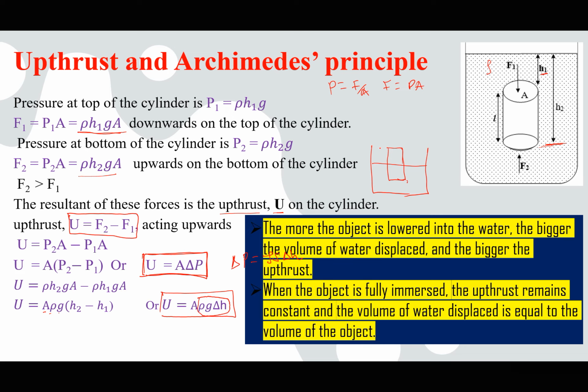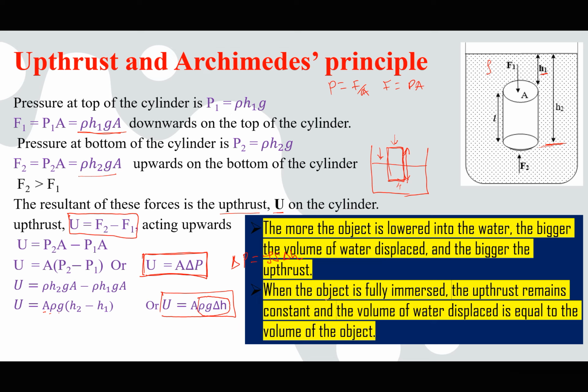Why is it that when we push it deeper, the upthrust increases? Because the depth of the object increases. That means H2 increases. So it means the pressure at the bottom increases when more of the object is submerged. So the upthrust increases. But when the object is fully submerged, the total pressure on the top of the object increases, the total pressure on the bottom of the object increases, and they increase uniformly, but the difference between the two remains the same.